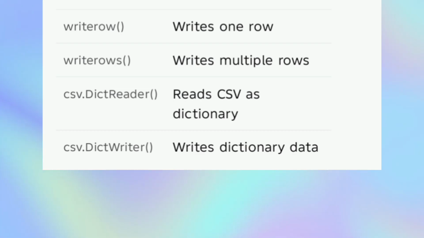In the previous example we discussed DictReader, which reads the CSV as a dictionary.